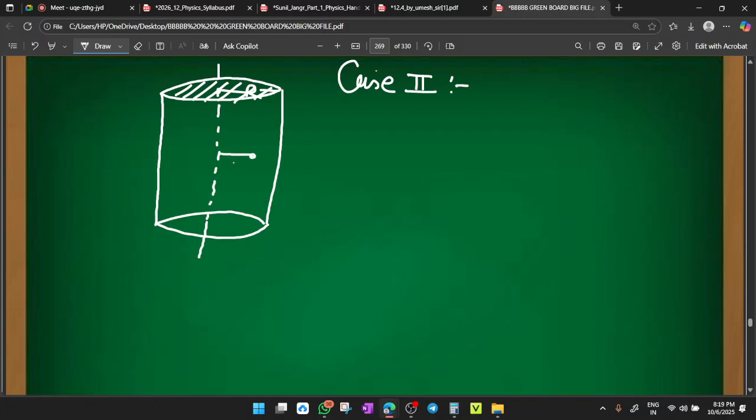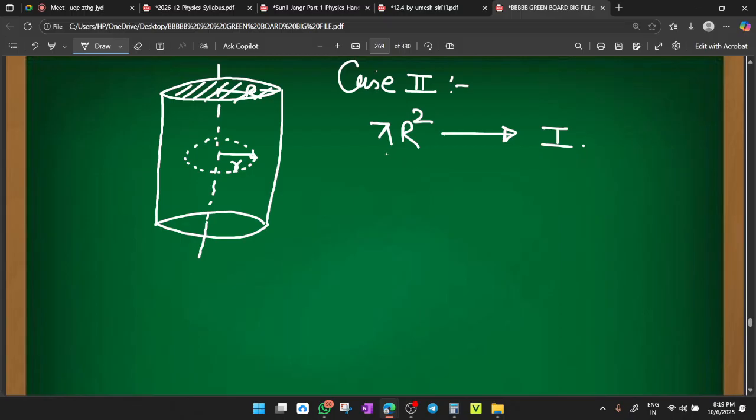Here is your point of observation at a distance r. Your current amount is I. The total area is pi R square, the circular cross section. Pi R square utilized how much current? I current, right?